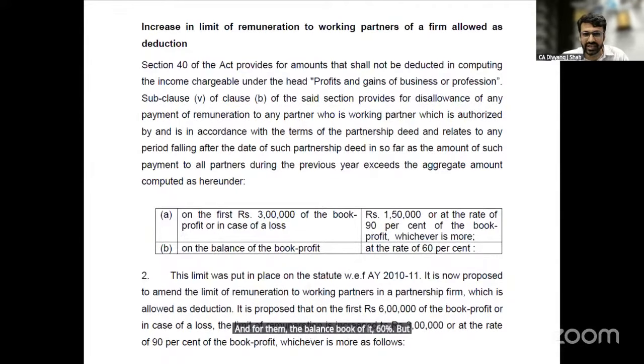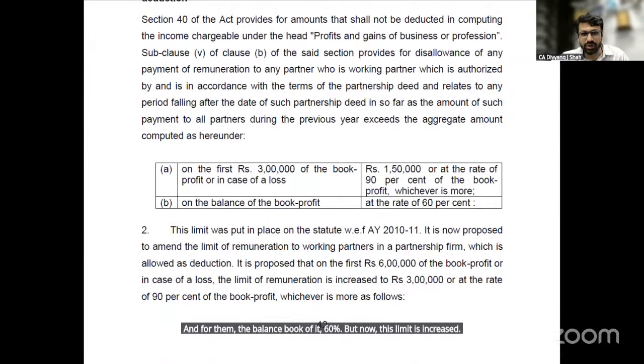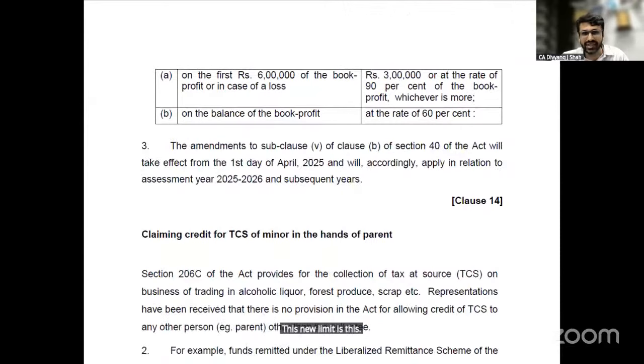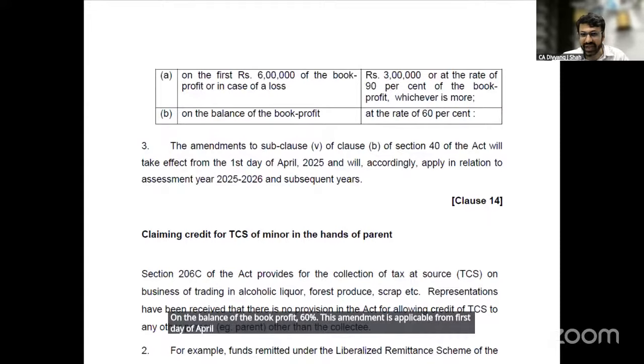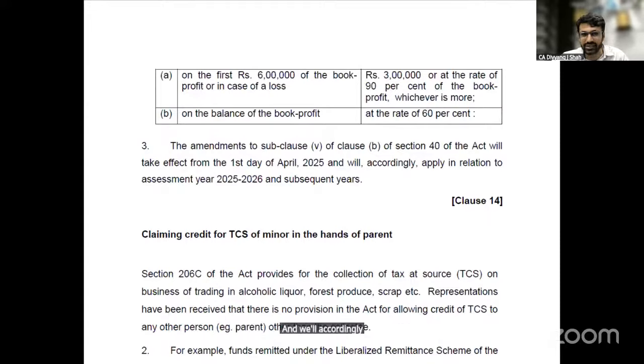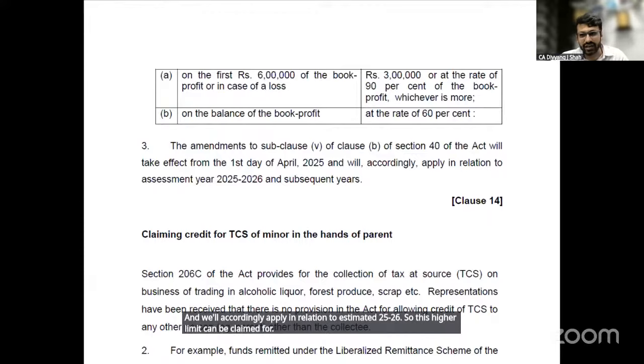But now this limit is increased. The new limit is: up to 6 lakh of the book profit or loss, the remuneration could be 3 lakh or 90% of the book profit, whichever is more. And on the balance book profit, 60%. This amendment is applicable from 1st April 2025 and will accordingly apply in relation to assessment year 25-26. So this higher limit can be claimed for this assessment year as well.